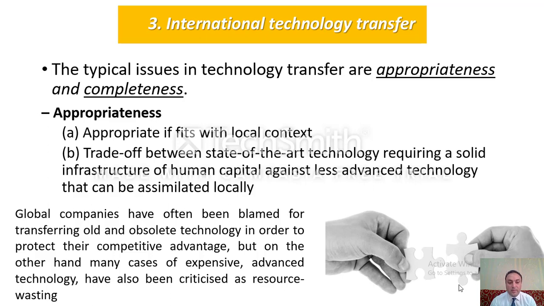Global companies have often been blamed for transferring old and obsolete technology in order to protect their competitive advantage, but on the other hand, many cases of expensive advanced technologies have also been criticized as resource wasting.